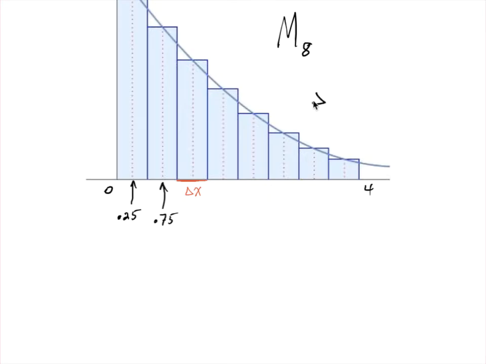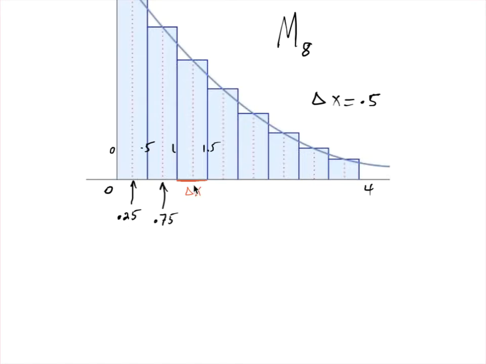So again, delta x is half. Okay, so the midpoint is 0.25 away from an endpoint. So the endpoints are at 0, half, 1, 1.5, and so on, but the midpoints are halfway between these nodes.